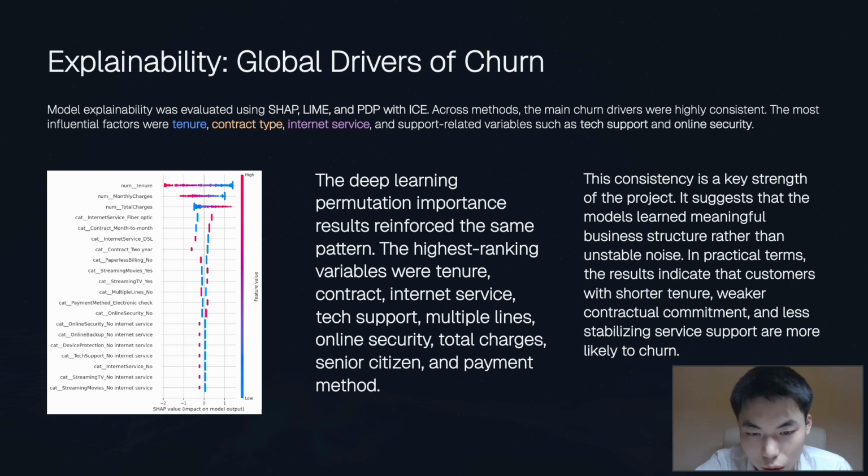The SHAP results, LIME local explanations, and the PDP trends all point in the same direction. That gives more confidence that the model is making meaningful decisions. So this part of the project shows the model is not only predictive, but also explainable in a way that business users can understand.